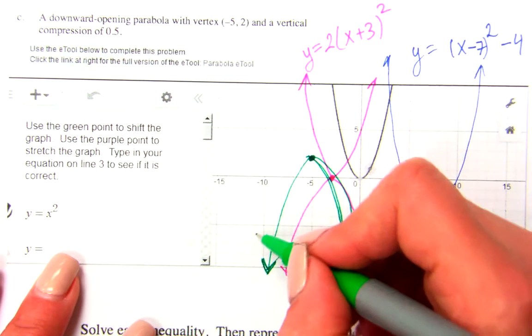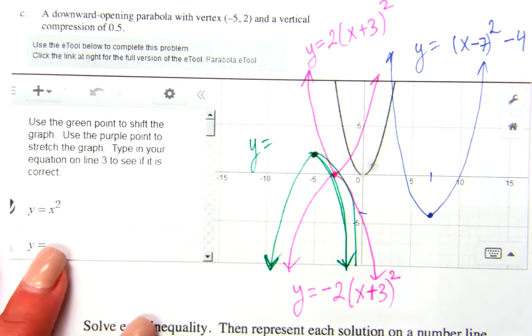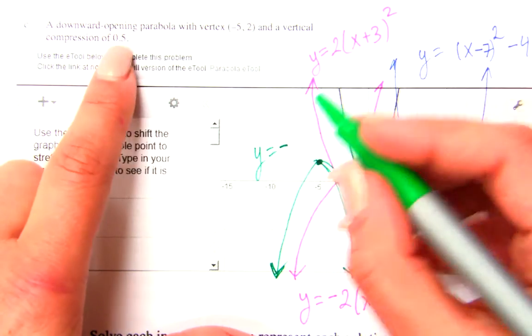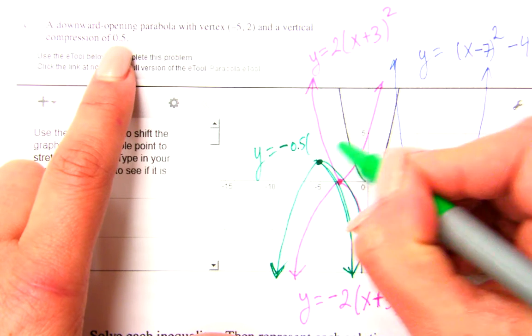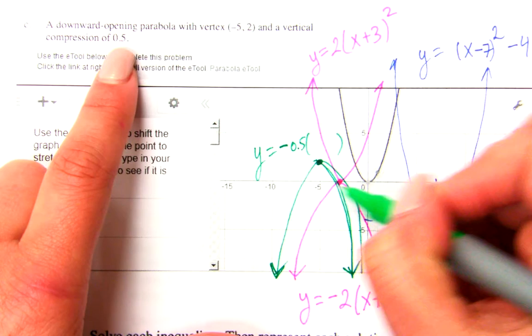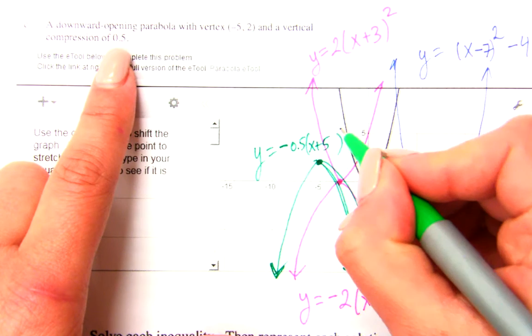But it should look like, let's see, y equals, it's going down, so negative. Your compression is 0.5. And you shifted to the left 5, so it's x plus 5 squared.